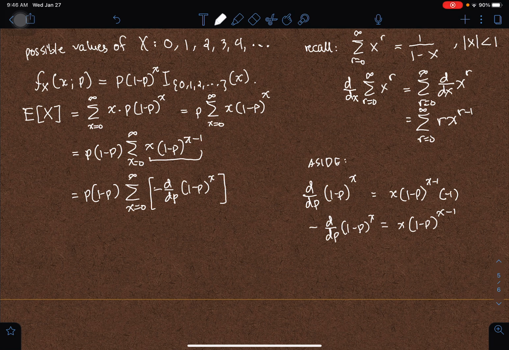We can just factor out the differential operator, so we will have the negative of p times (1 minus p) times the derivative with respect to p of the sum from 0 to infinity of (1 minus p) raised to the power x.